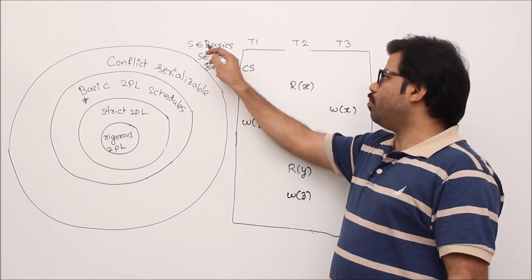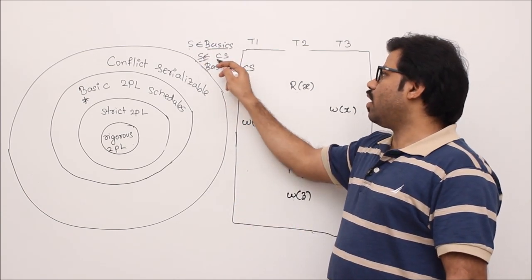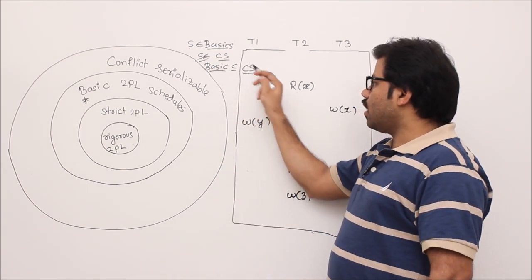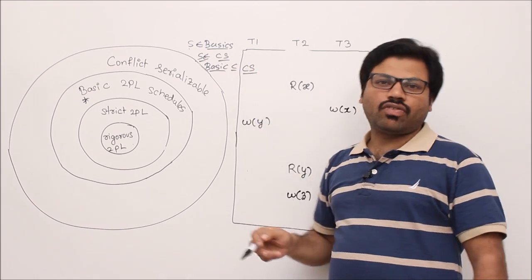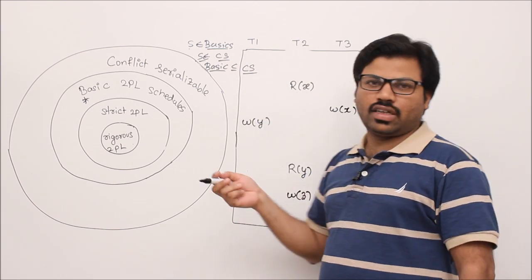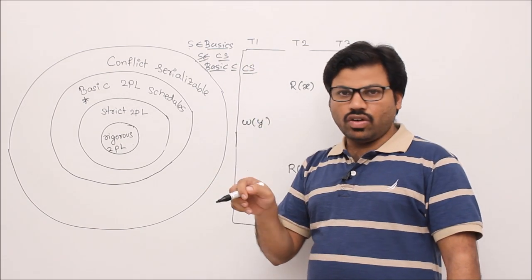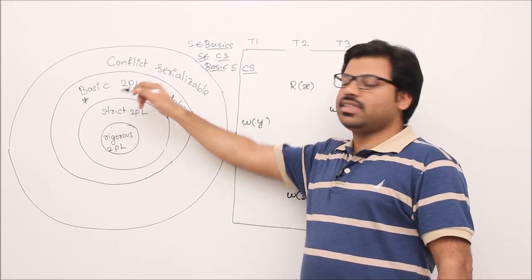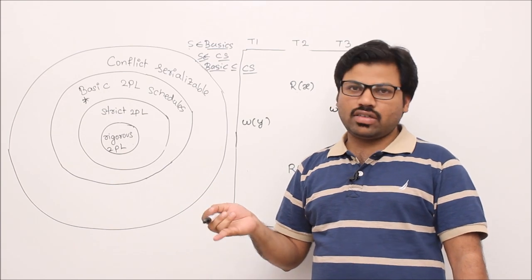Because an element belonging to the basic set automatically belongs to the conflict serializable set. But are they equal, or is basic a proper subset of conflict serializability? We have to check.